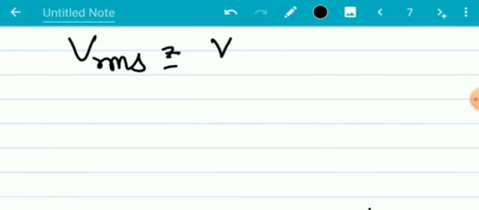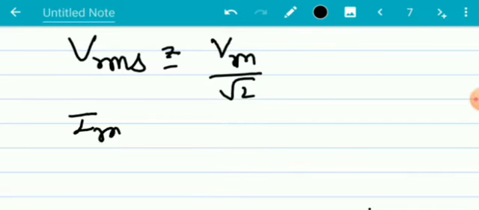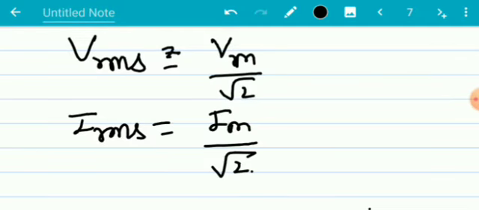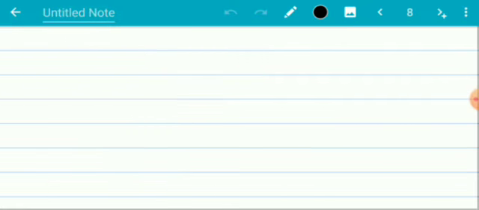It will be Vm divided by root 2, and Irms will be Im divided by root 2. Now further we will put that into the equation.